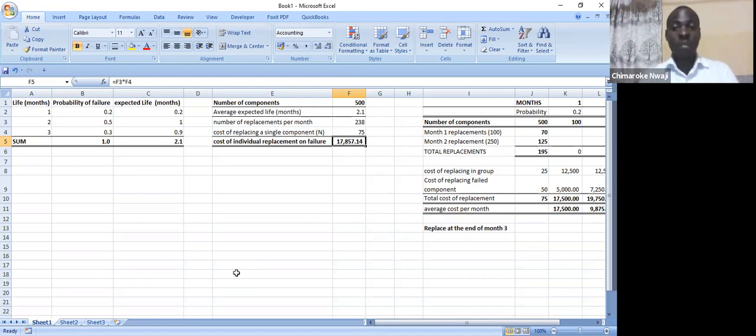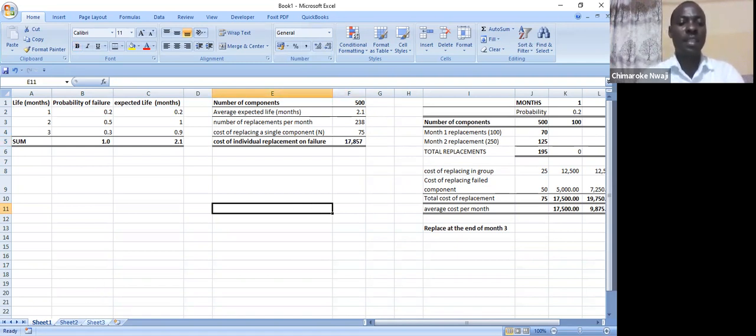That gives me 17,857 naira 14 kobo. Just say 17,857 naira, an approximate figure.